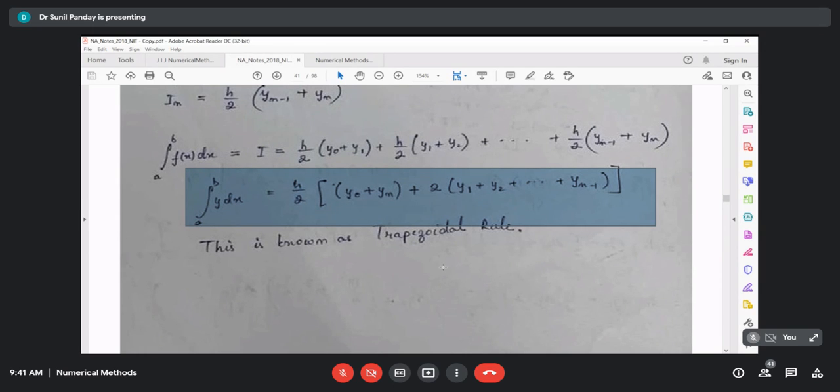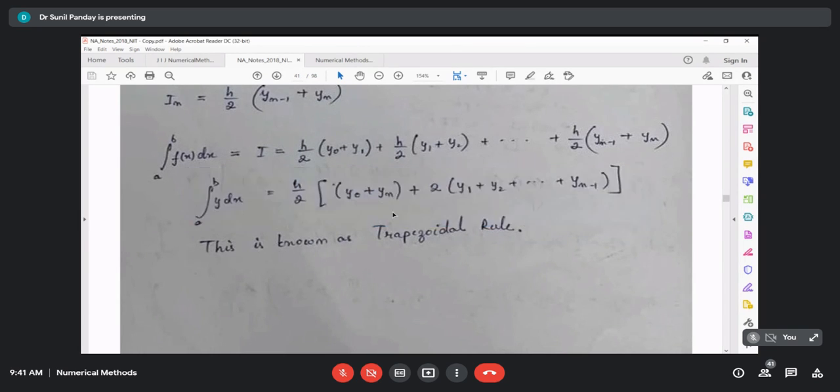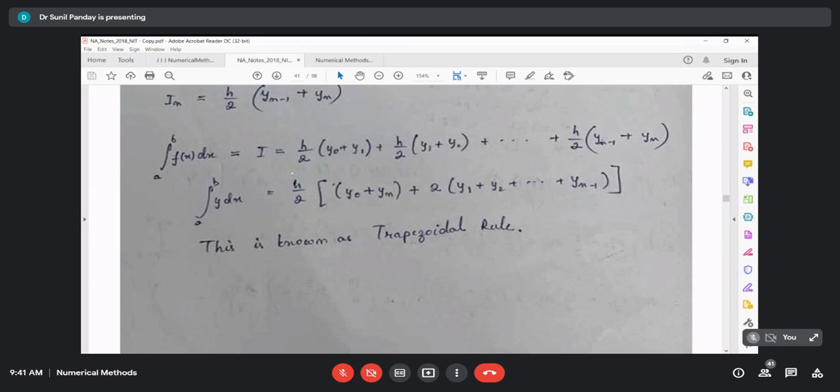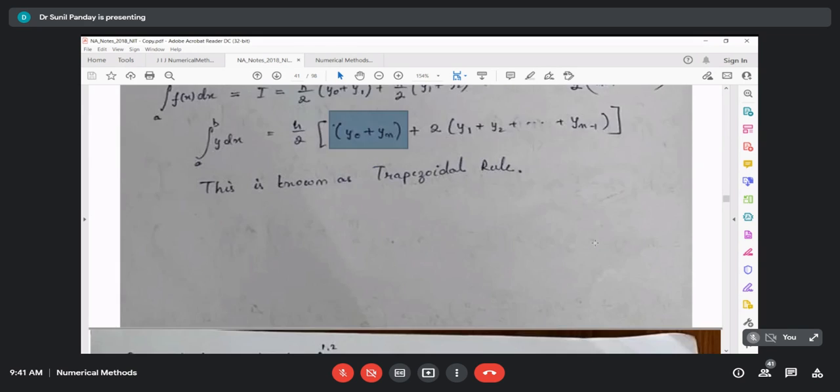You have to use this generalized trapezoidal rule when I ask you to solve the integration by the trapezoidal rule, and you have to remember this formula for viva purposes and for numerical purposes also: h by 2 times y0 plus yn plus 2 times y1 plus y2 up to yn minus 1.